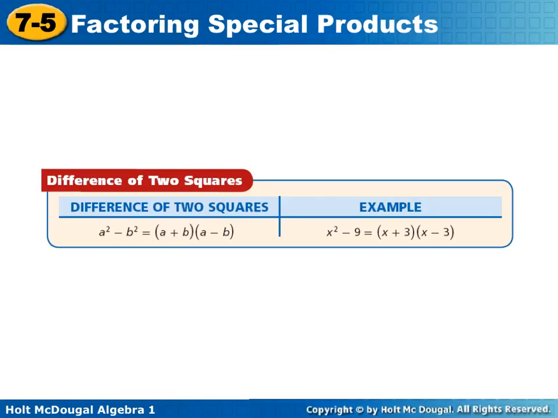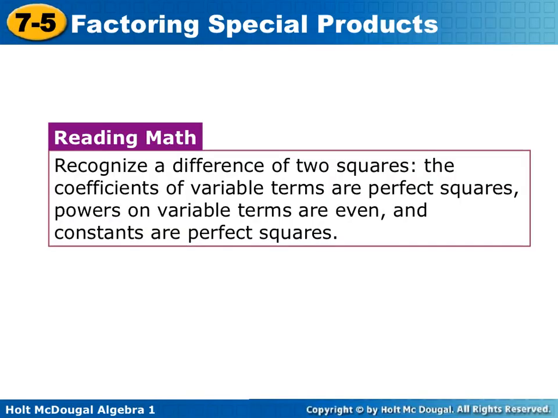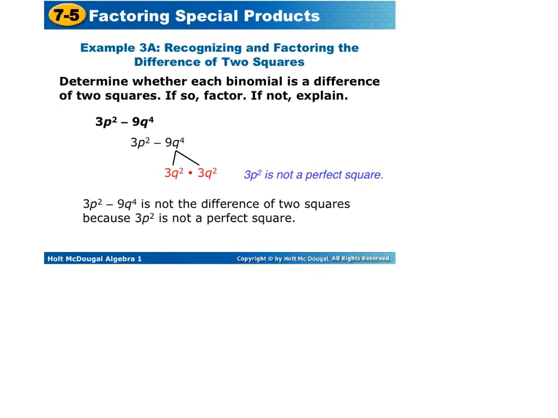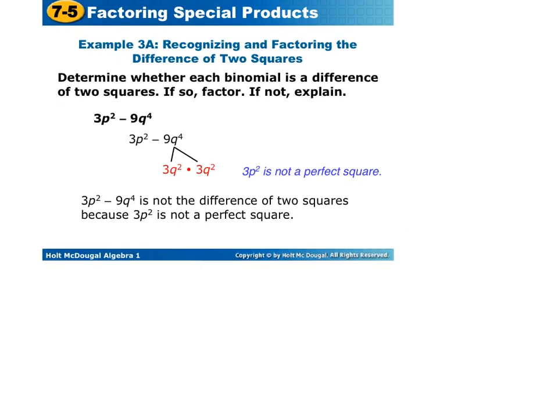Let's try another example. Notice here, it's going to have two perfect squares, and the powers on the variable must be even, and it's got to be a subtraction sign. So notice this one. Is 3 a perfect square?